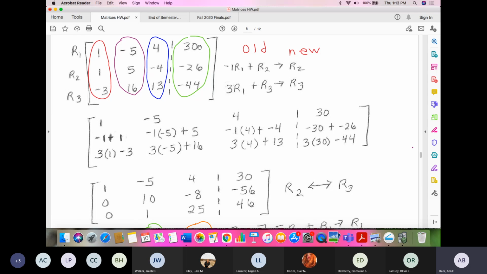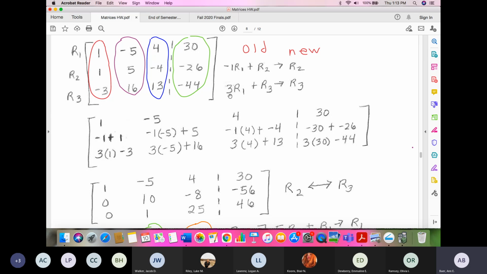Row 1 is 30. Oh, sorry. Yeah, 30, right here, 30. And then plus row 2. Row 2 is -26. So plus -26. And that goes into row 2. So we're fine. We've done that. We put it in the new row 2.